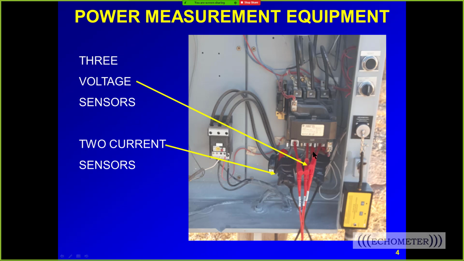So that's connected properly. But if I had to connect this, you're going to disconnect the power at the top before you connect it. But I would probably put these three voltage sensors up here above the HOA switch.